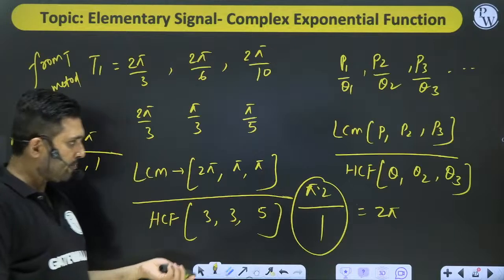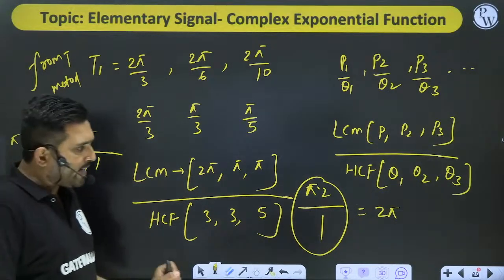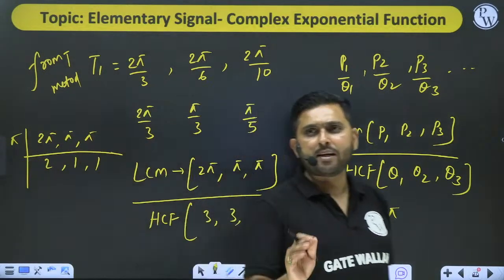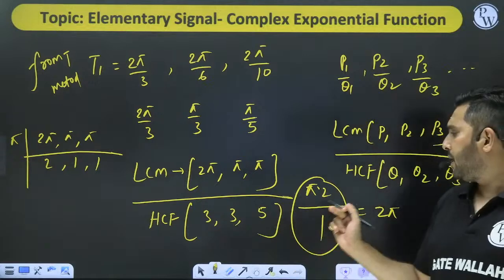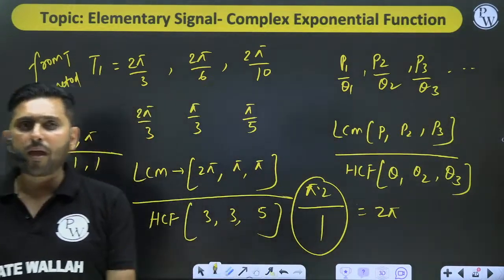Exactly the same thing. No? Exactly the same thing. So by finding the LCM of capital T, and by finding the highest common factor of omega, easily you can find.